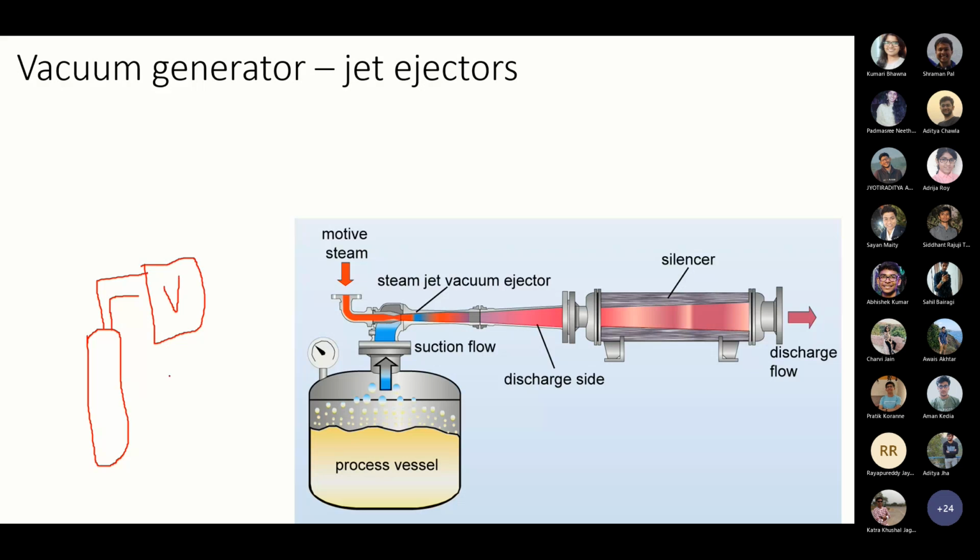Say you want to do a reaction at low pressure. Let's say this is the CSTR, and you want to operate at vacuum pressure. So what we have to do is connect the CSTR to this vacuum generator.